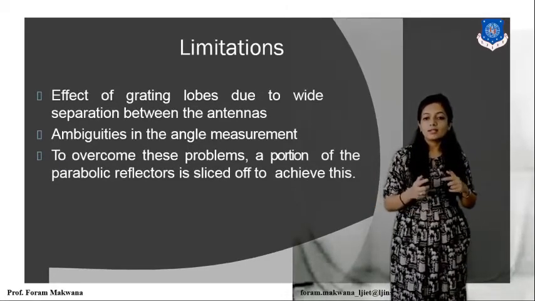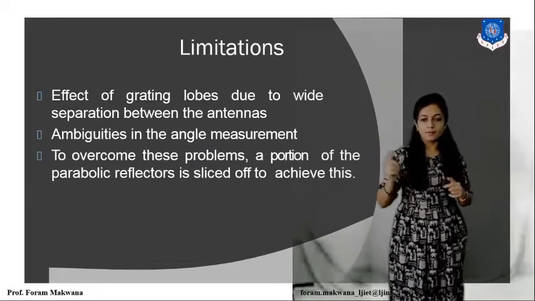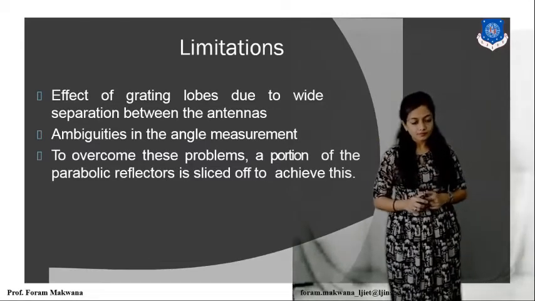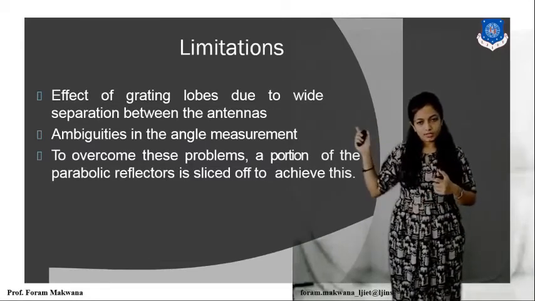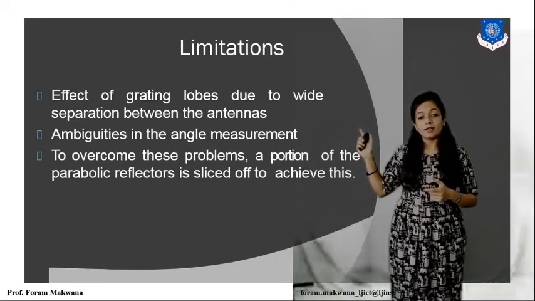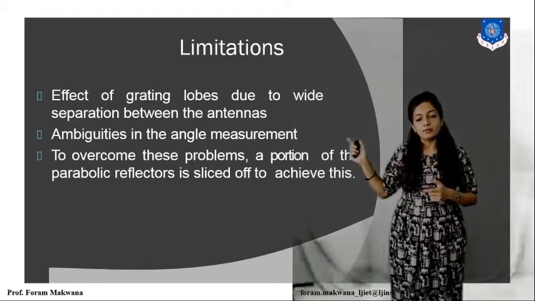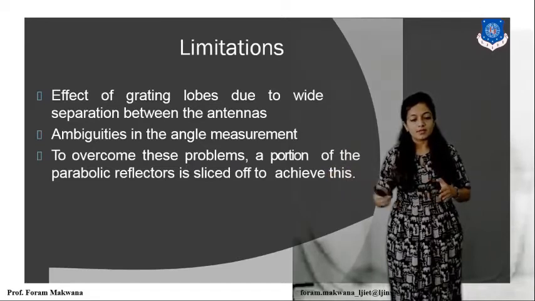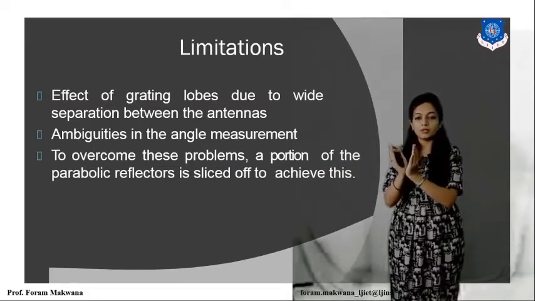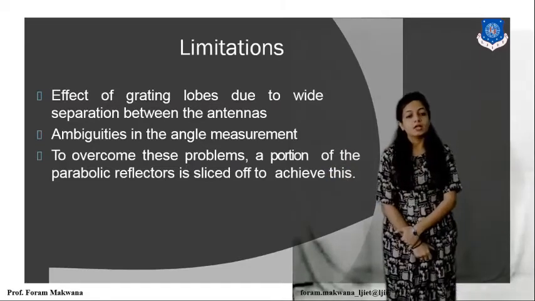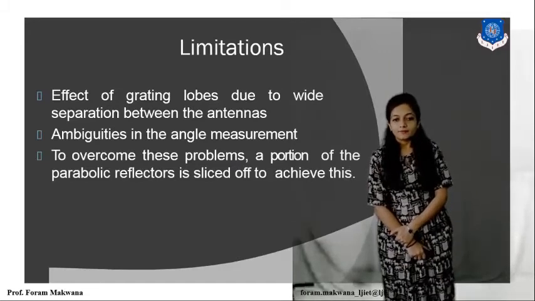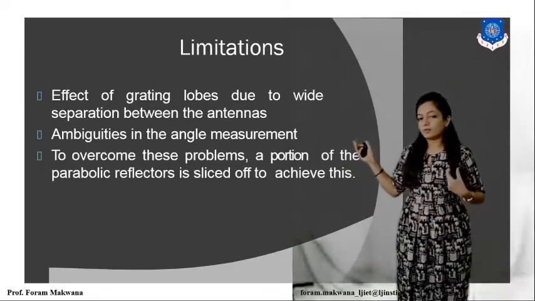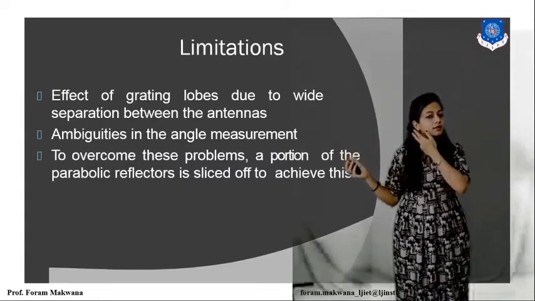Okay. So what is the limitation of this phase comparison? Over here the effect of grating lobes will be present. Why? Because there is a wide separation between the antennas. Based on that, it may cause ambiguities in the angle measurement.